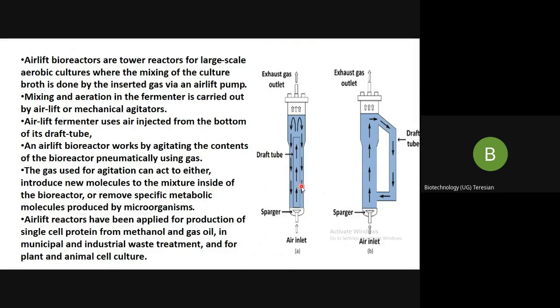So there is a transfer of oxygen from the gas bubbles to the liquid medium, wherein the microbes live in your liquid media. And this, I told, is a rate limiting step. So how fast, how well your mass transfer occurs between the gas and the liquid phase determines the speed of the reaction.